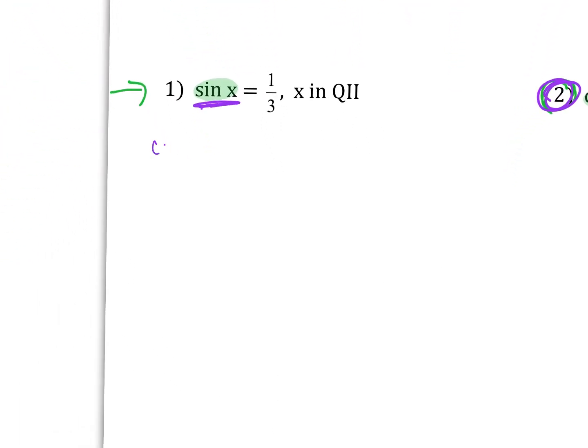All right, so we have cosine of 2x is equal to 1 minus 2 sine squared x. So 1 minus 2 over 1 times 1/3 squared.